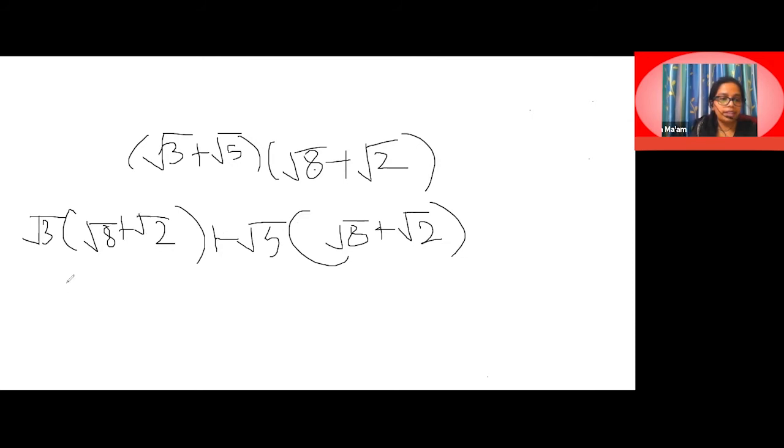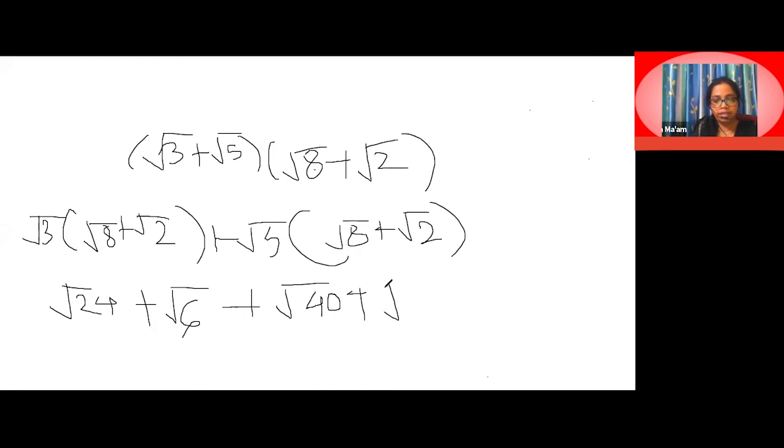So I will get root 24. I can multiply two irrational numbers, right? So this will be root 24 plus root 6 plus root 40 plus root 10, right?